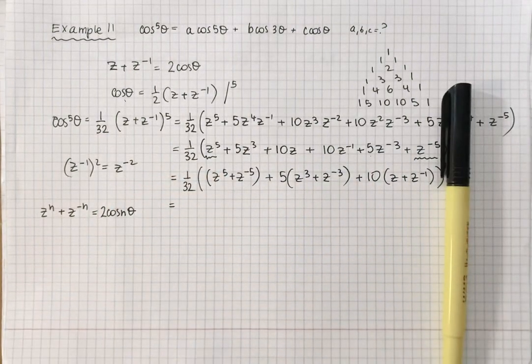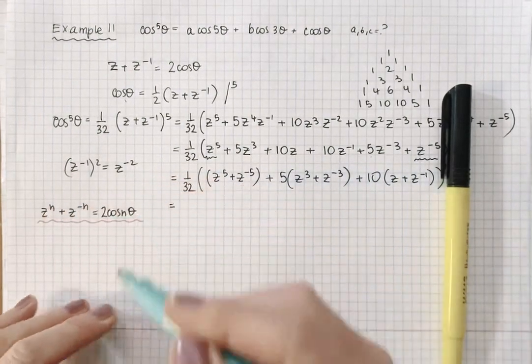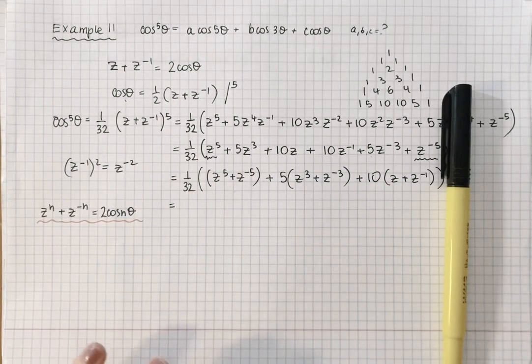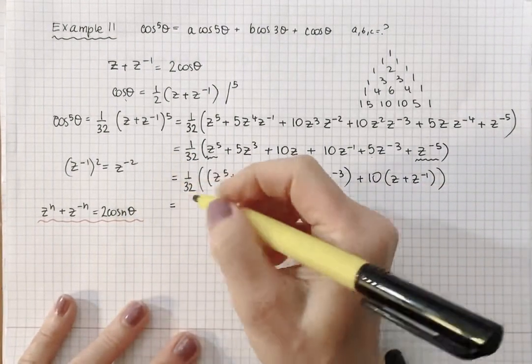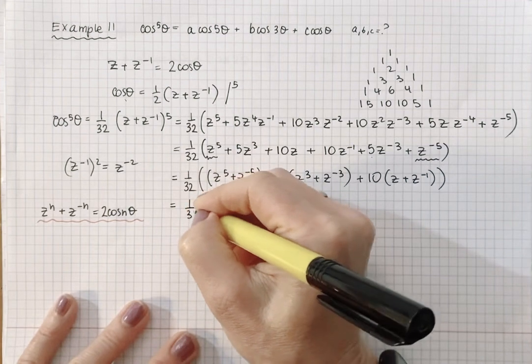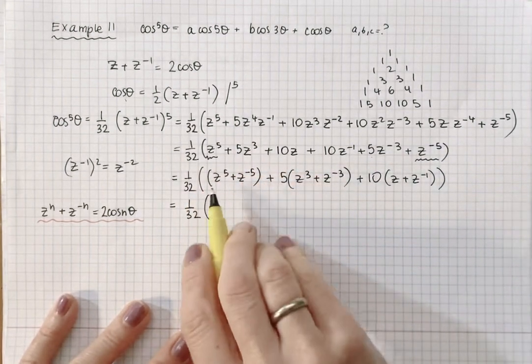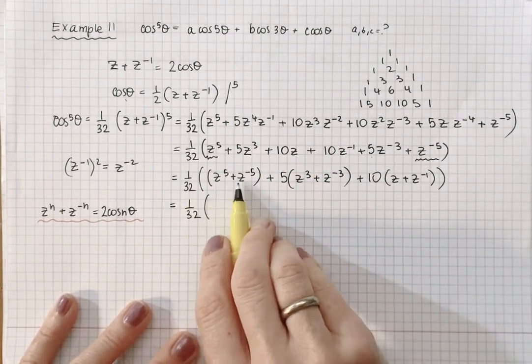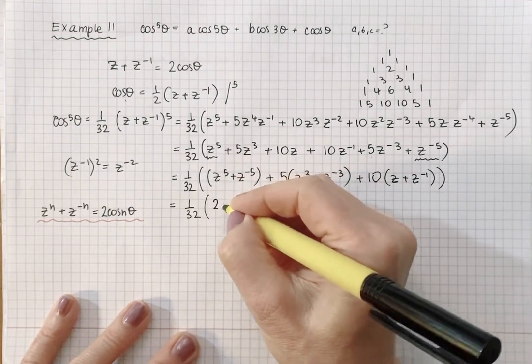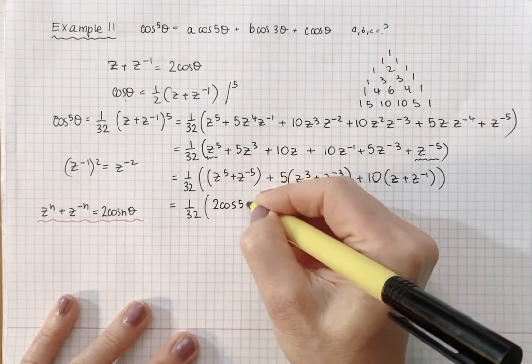So let's do that. We're going to use this one. It's always a good idea to state the result that we are using in a question like that. So here we're going to replace it with 2 cos 5 theta.